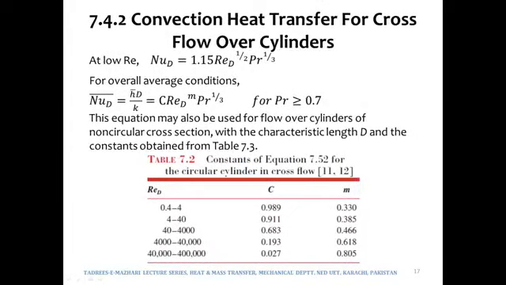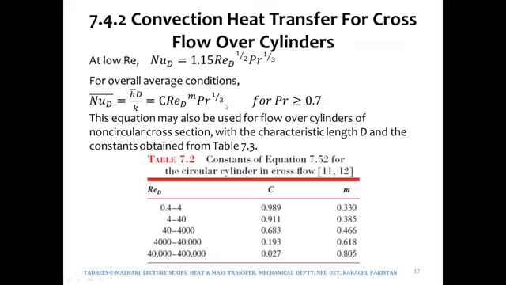Now let's take a look at some of the expressions of Nusselt number while considering the heat transfer for cross flow over the cylinders. We can use this particular equation of Nusselt number, 1.15 Reynolds raised to the power half Prandtl 1/3. However, this expression can also be made use of.